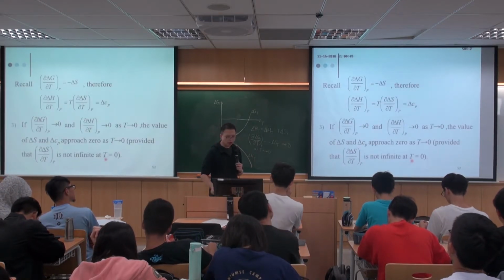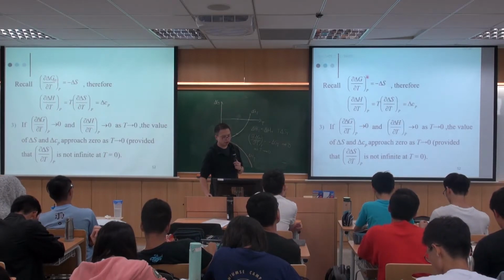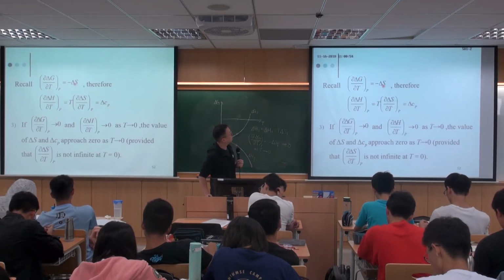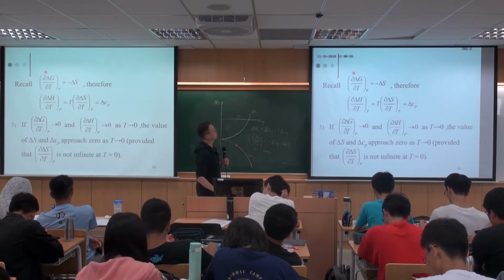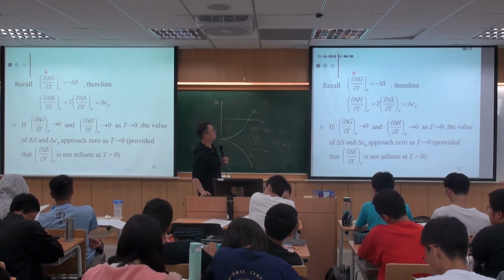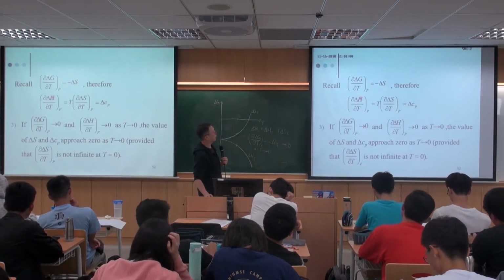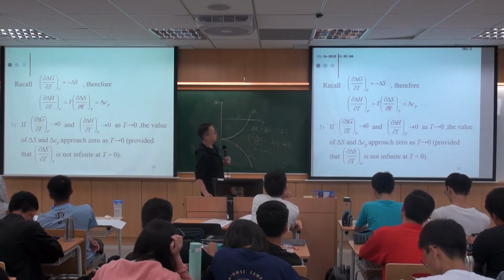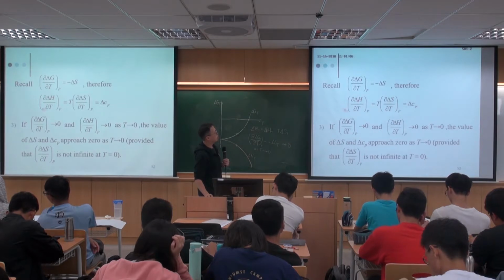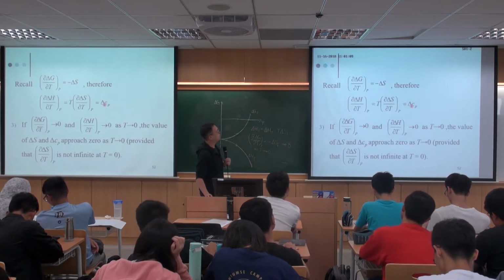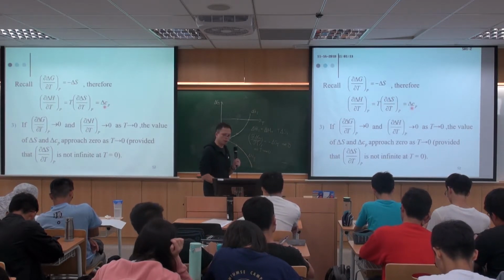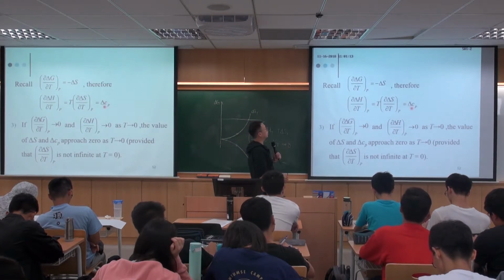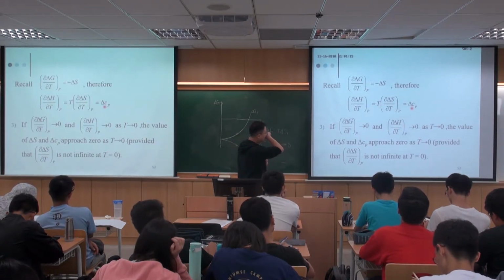So we already know that partial g, partial t is minus S, or partial delta g, partial t is minus delta S. Therefore, we know that partial delta h, partial t is the same as t, partial delta S, partial t. And this is delta Cp. Right? This is the difference of heat capacity, or molar heat capacity.